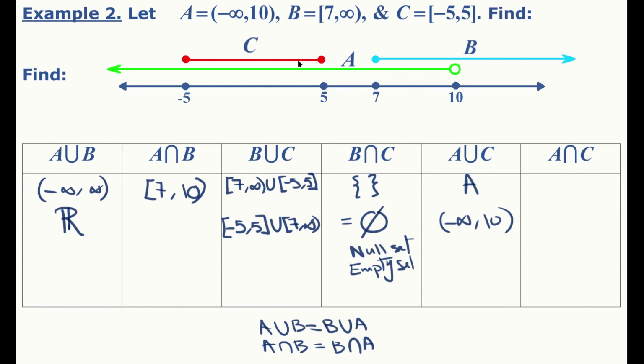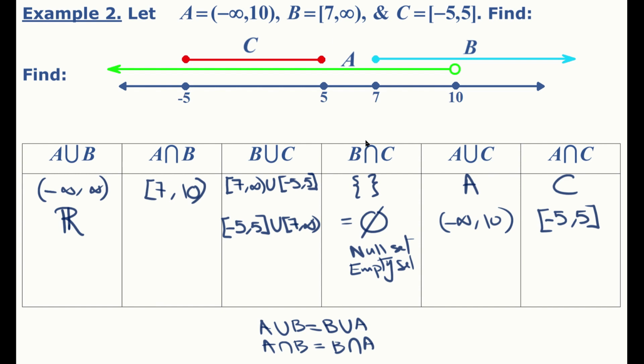Of course, what do the red team and the green team have in common? All of the red team, right? So in this case, we're going to say C. Or we can just write down what C is. That's the closed interval from -5 to 5. And that's how you would handle a scenario like that.